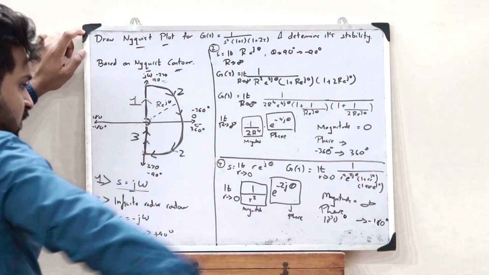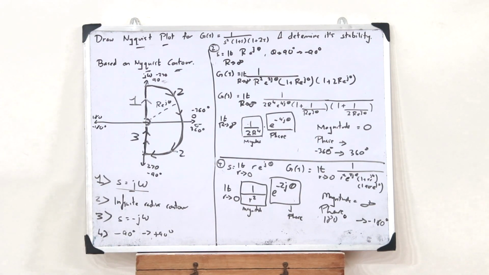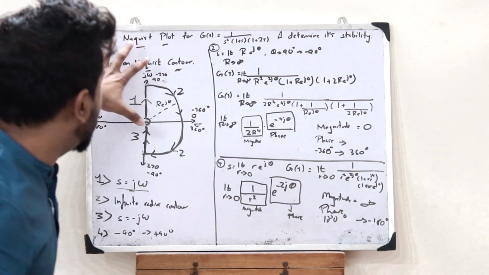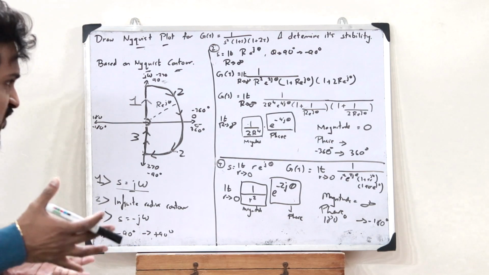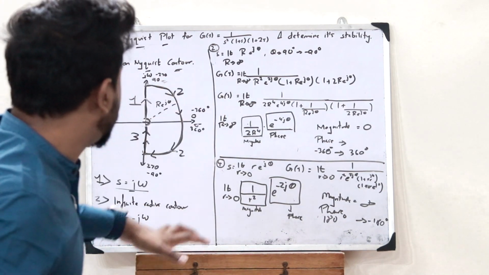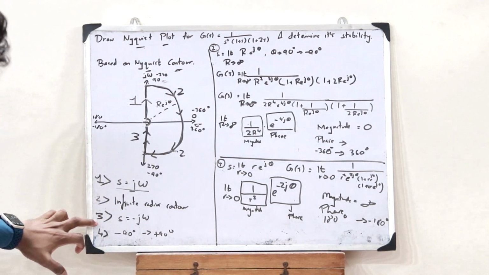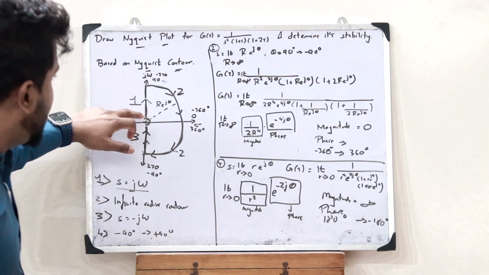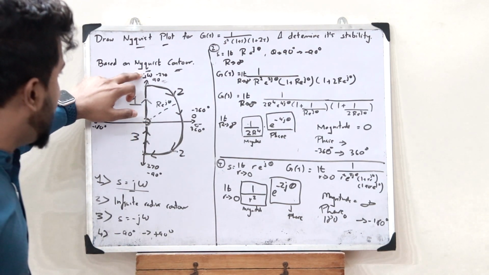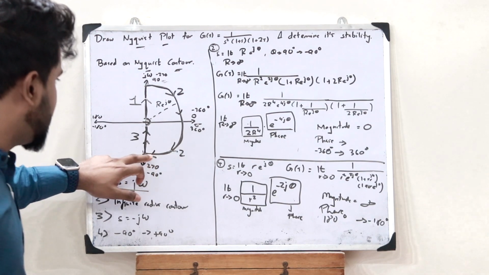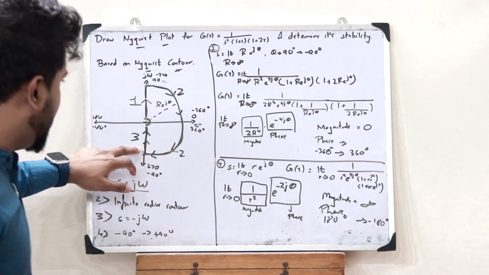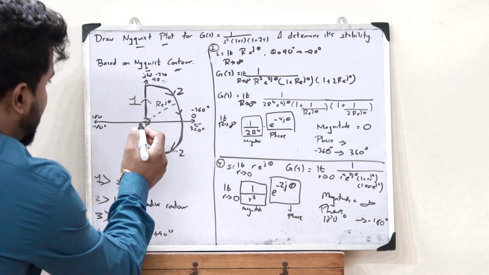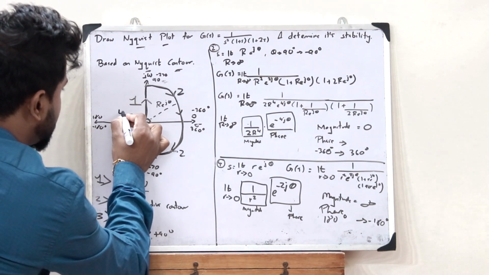So the value of phase varies from 180 degrees to minus 180 degrees. So it is based on this Nyquist contour and all these 4 portions that we have obtained here: portion number 1, portion number 2, which is an infinite contour, then portion number 3, and this tiny little portion number 4.